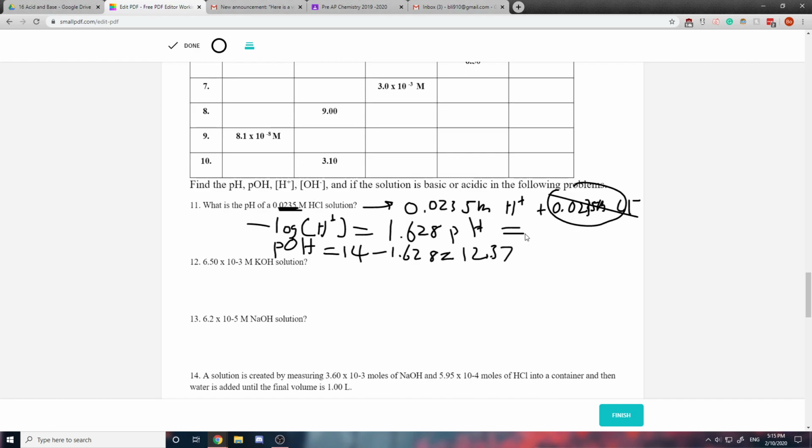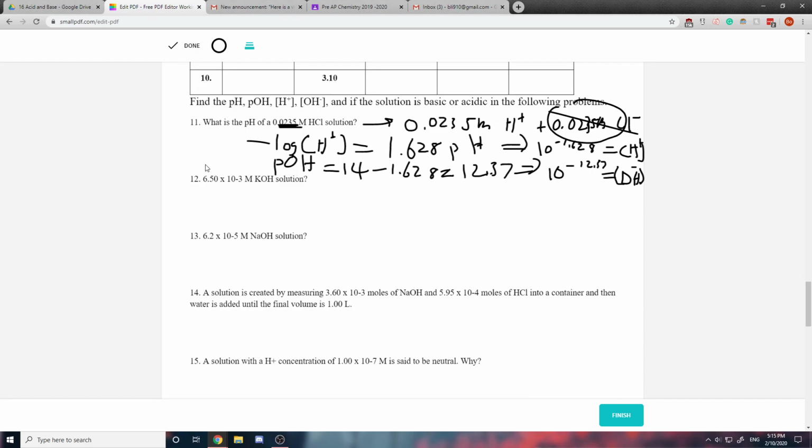So this will be 10 raised to the negative 1.628, and this will be 10 raised to the negative 12.37. This will get you your OH concentration, and that'll get you your H plus concentration. Okay.